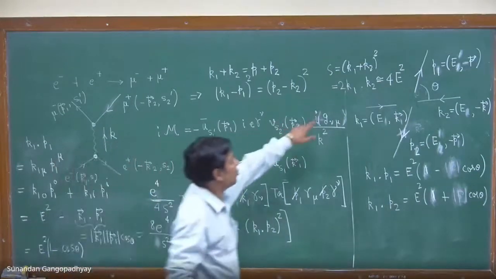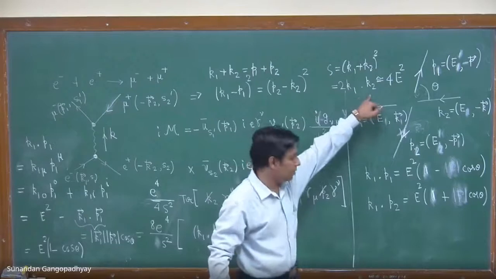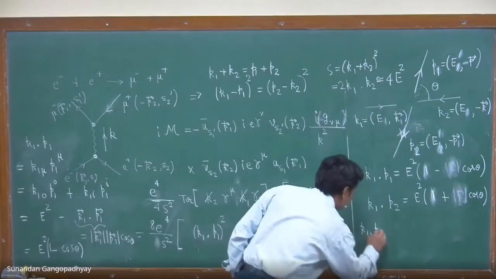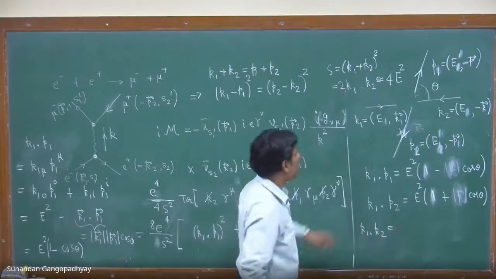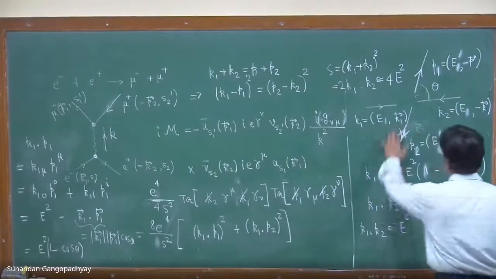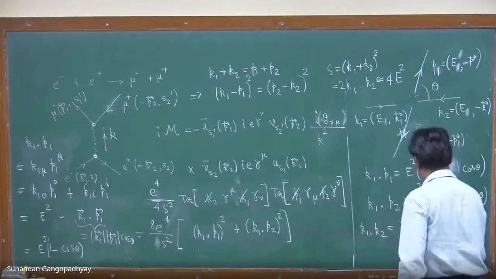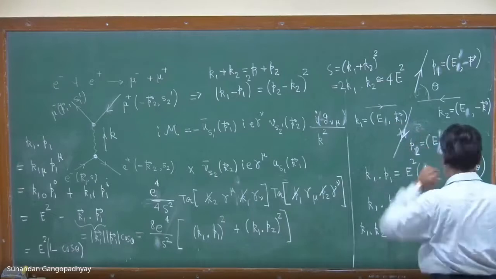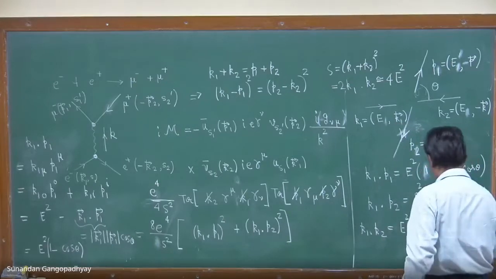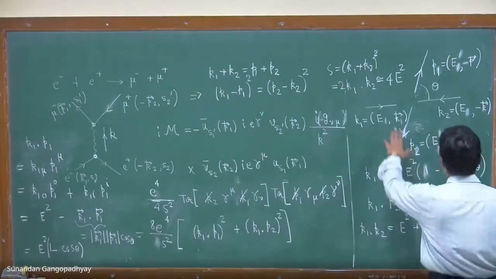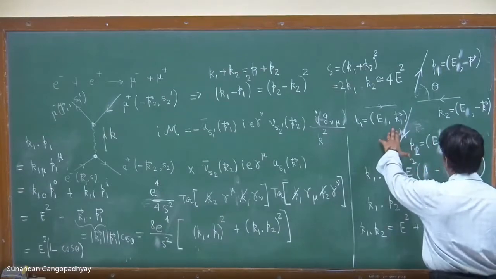Is this clear, or should I calculate what K1 dot K2 is? You can very simply calculate it. Just proceed in a similar way. It is basically E square minus this K vector dotted with K, right?